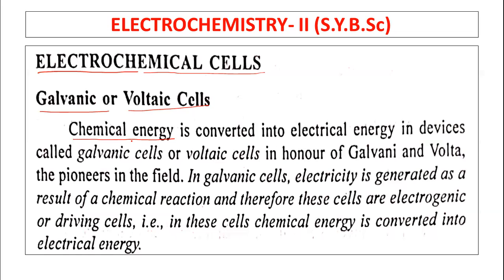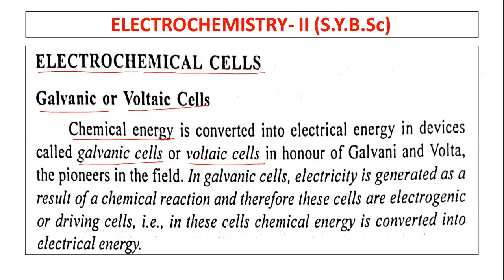And such cells which produce electrical energy at the cost of chemical reactions are called galvanic cells, or they are also called voltaic cells in honor of Galvani and Volta, the pioneers in the field.